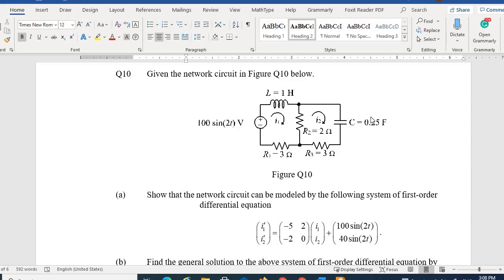You have the voltage 100 sin 2t volts, and one inductor with L equal to 1 Henry.